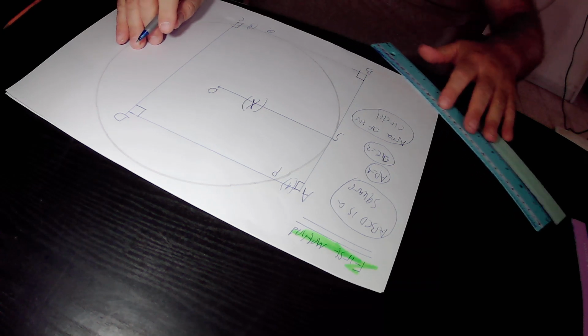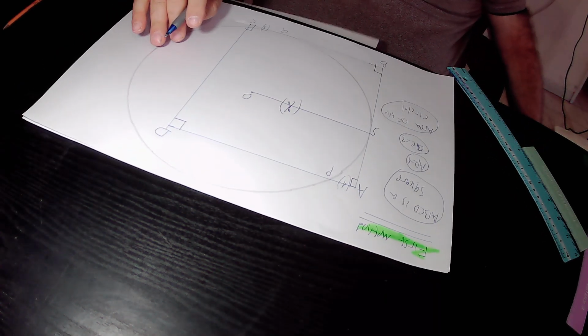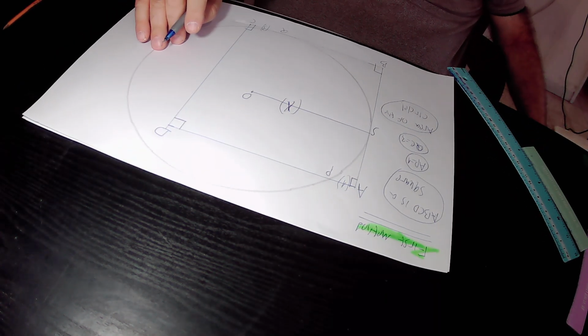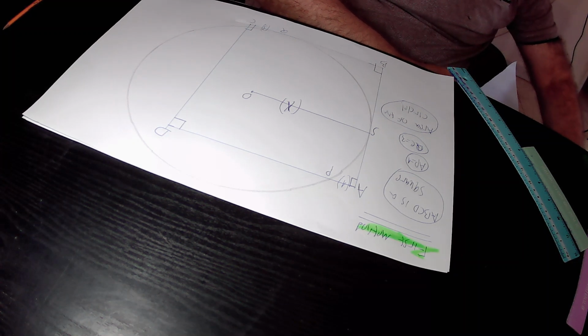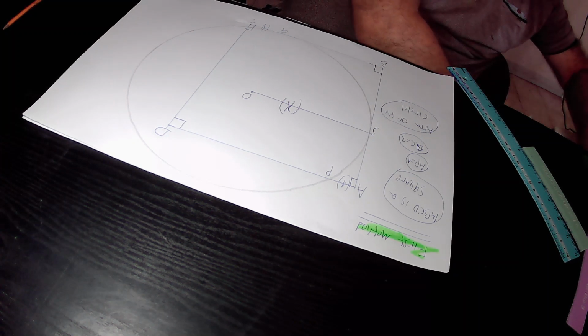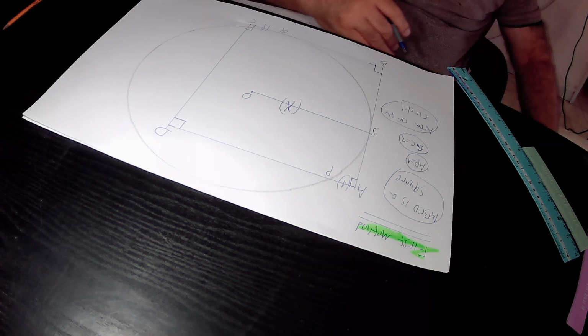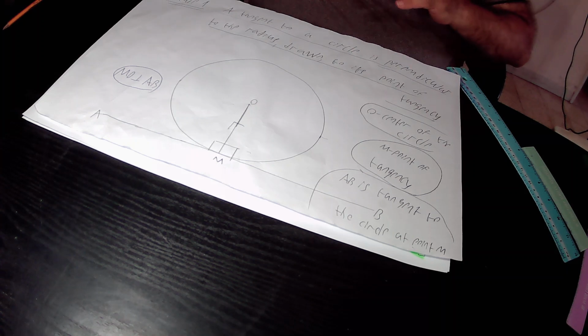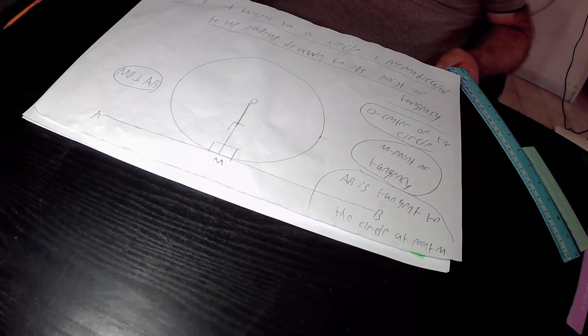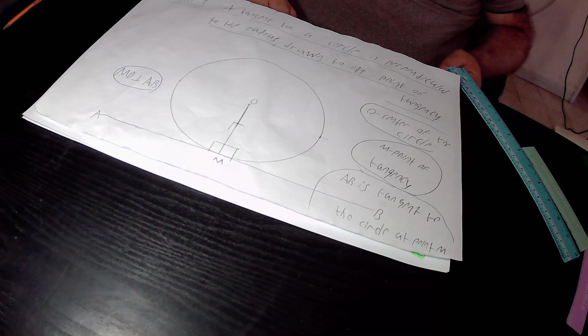So here we can implement rule 1. According to rule 1, a tangent to a circle is perpendicular to the radius drawn to its point of tangency.